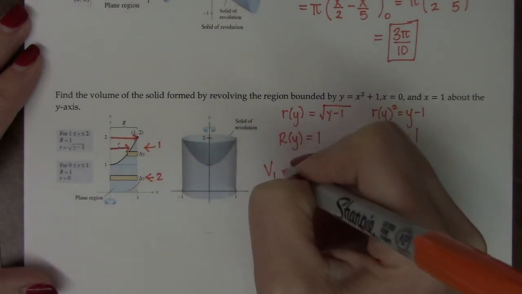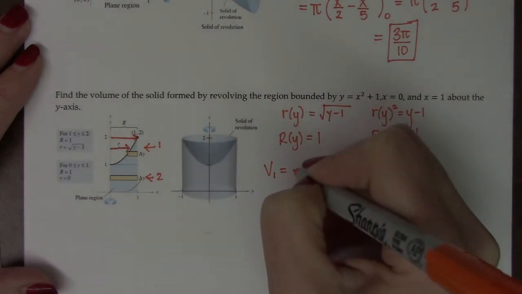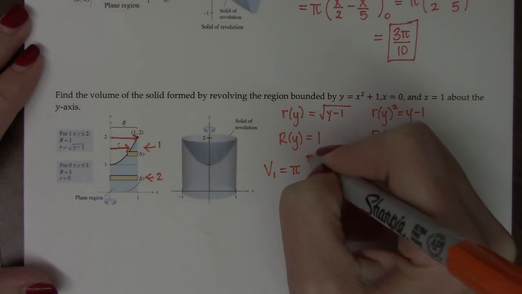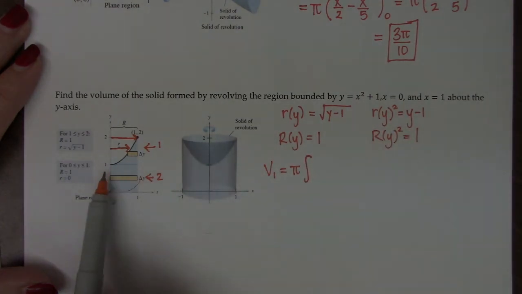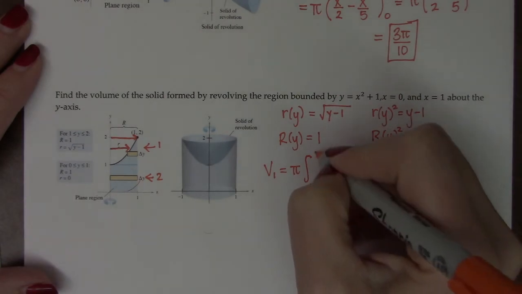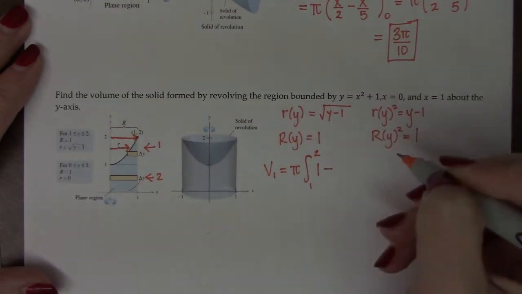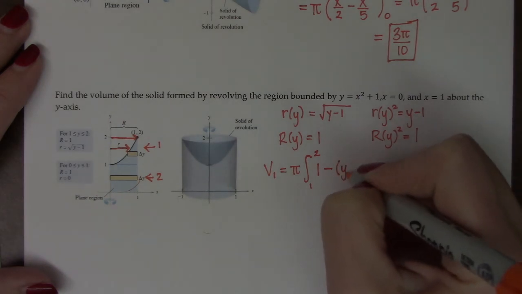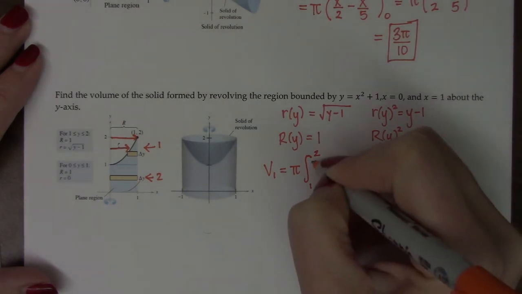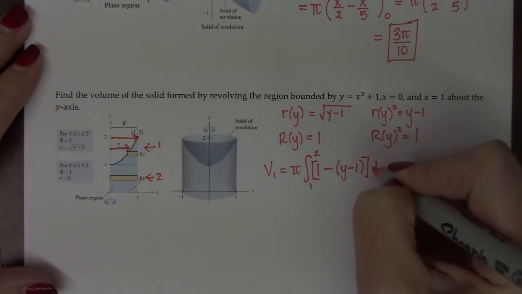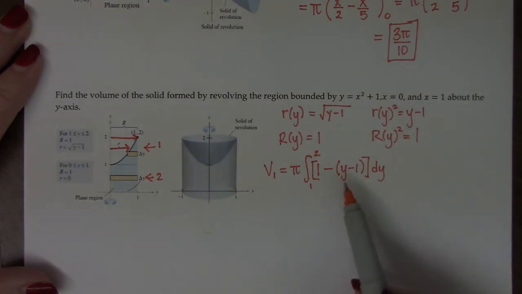So the volume of region 1 requires a washer method. So that's pi times the integral, and the bounds on region 1 are just 1 to 2. And it's big R squared, which is 1, minus little r squared, and that's y minus 1. Notice once again I had to use parentheses because I have to make sure I subtract the whole thing.